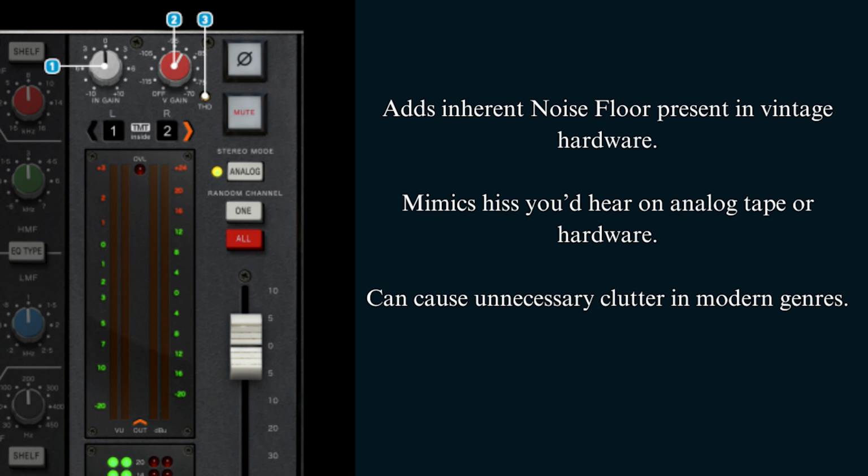Well, for starters, it adds the inherent noise floor present in vintage hardware, mimics a hiss or hum you'd hear on analog tape or old hardware units. On one hand, this noise can give your mix a vintage vibe. On the other, it can add some unnecessary clutter, especially in quiet sections or modern genres.